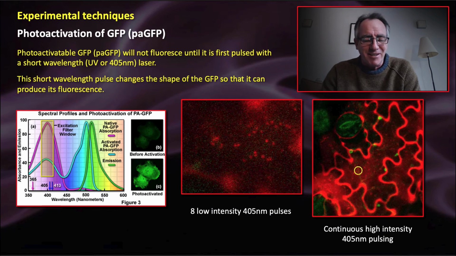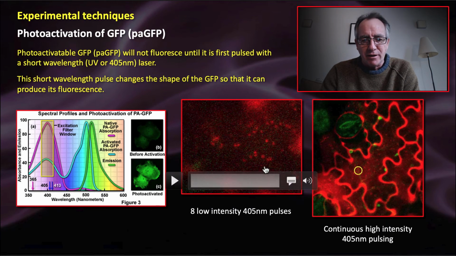I like this, and I spent a lot of time several years ago working with a new version of green fluorescent protein that's called photoactivatable GFP, PA-GFP. It does not fluoresce, in other words, it's black fluorescent protein, until it's first pulsed or activated with a short wavelength or UV laser. So we look down at a cell like this one here.